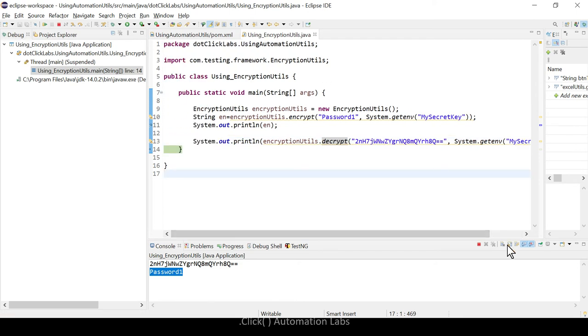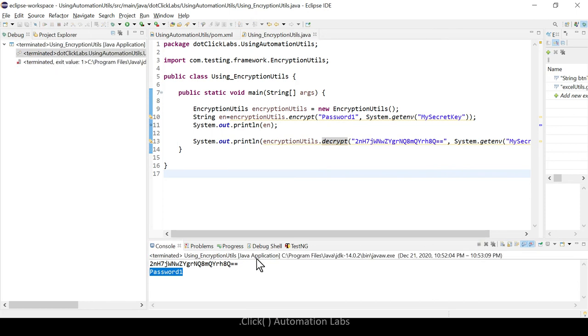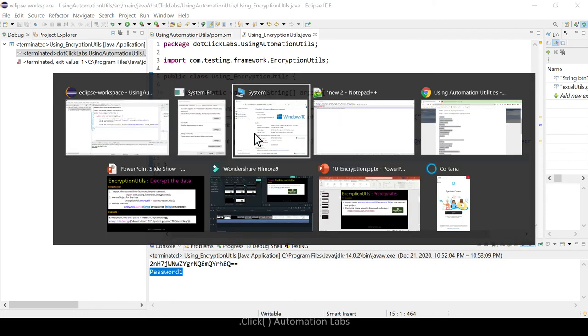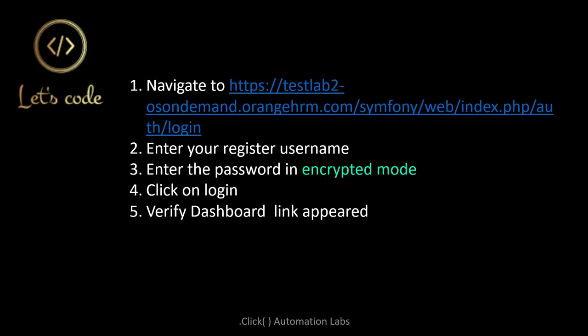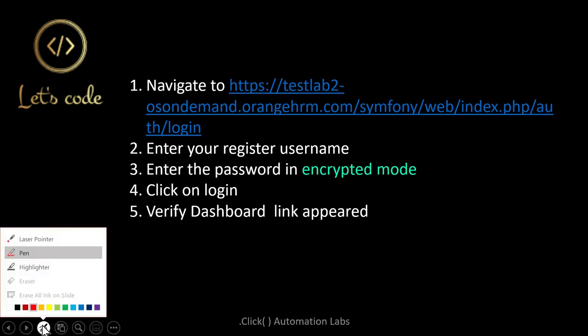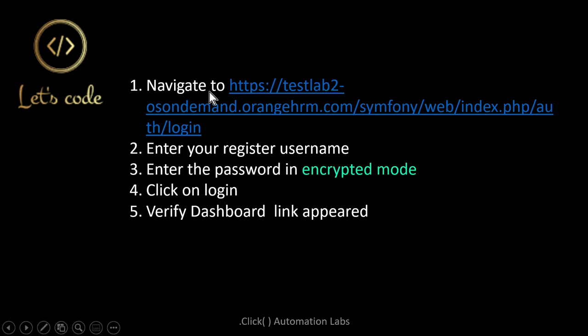Okay, guys. So I'm closing this over here. So this is how you can encrypt and decrypt. Hope you got me right. So let us see one example so that you can understand how we can use it in your test script. So this is my example where you navigate to this particular site.